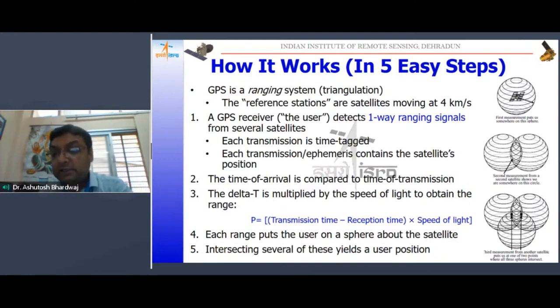Now this provides us two solutions: one is the real solution, and another is the vague solution. So we go with the real solution. With this, there is another problem. The satellites are using atomic clocks, whereas the receiver is using a quartz clock.